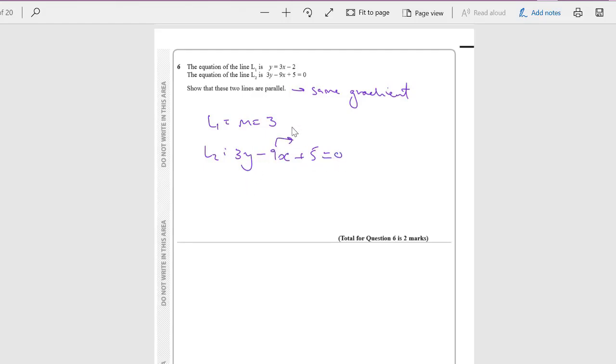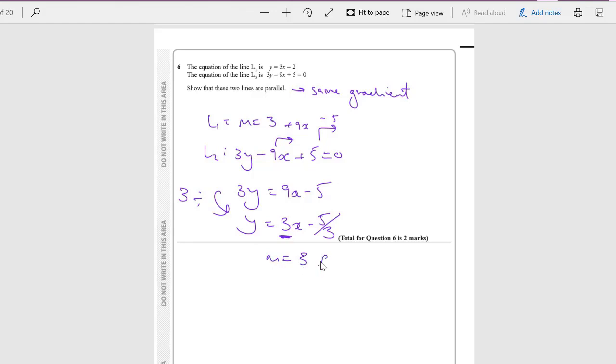So we move that to the other side, plus 9x, and then move that to the other side, minus 5. 3y equals 9x minus 5, and then we divide by 3, so we get 3x minus 5 over 3, and lo and behold, you can see that we have 3 here, so m is 3 for L2 also. So we prove that they're parallel.